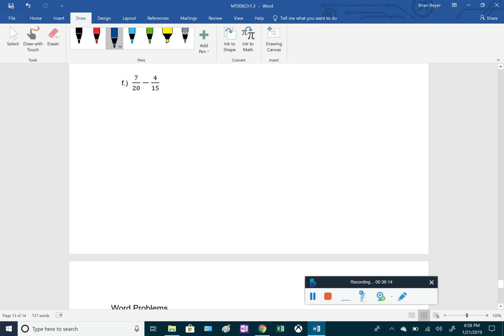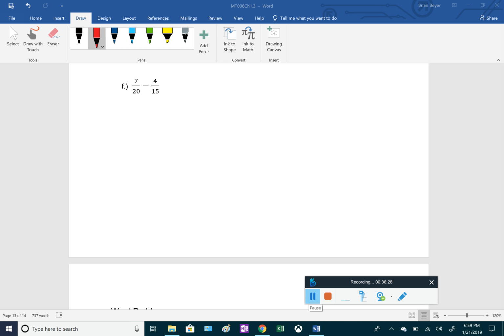And for this last one here, 7 over 20 minus 4 over 15. We need to find the least common multiple of 20 and 15. You could list out the multiples. The multiples of 20 would be 20, 40, 60, 80, 100, and so on. The multiples of 15 are going to be 15, 30, 45, 60. So that means the LCD is going to be 60.